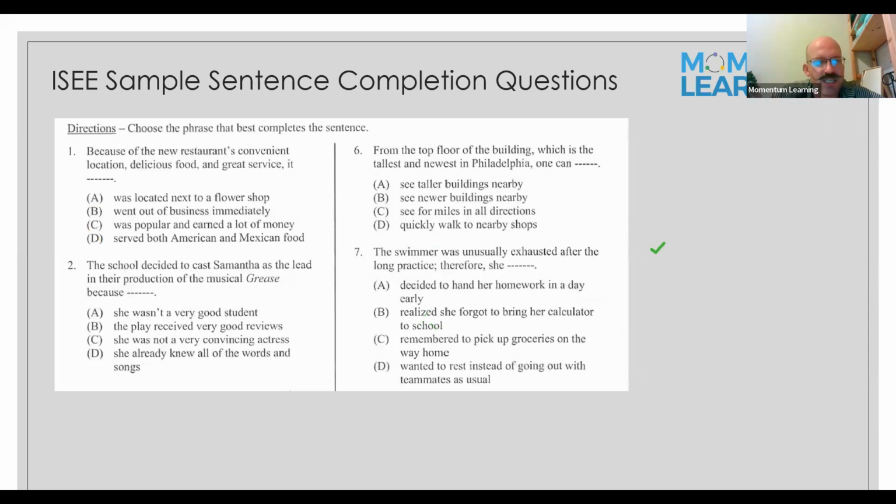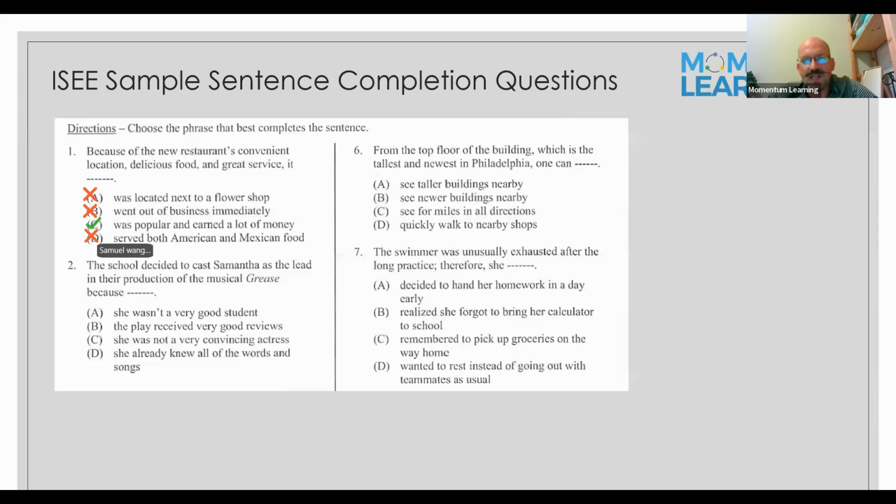Number one on this page. Because of the restaurant's convenient location, delicious food and great service, it was located next to a flower shop, went out of business immediately, was popular and earned a lot of money, or served both American and Mexican food.